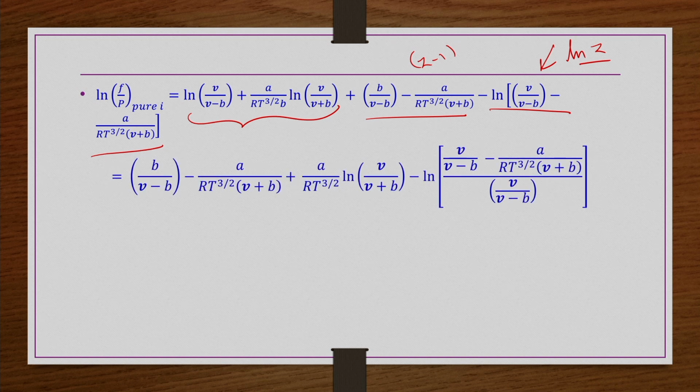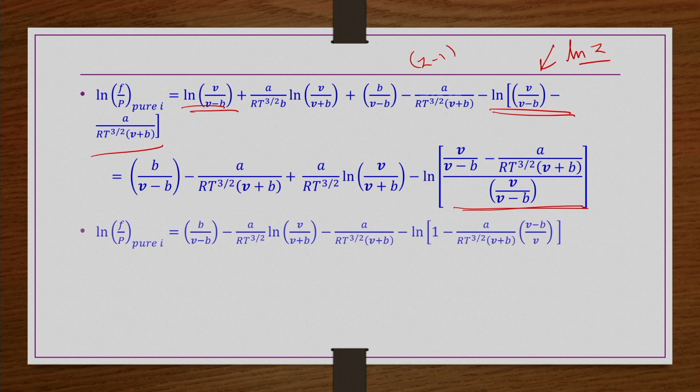So, now what we do, this particular ln term and then this particular ln term, that is the first and last ln terms, I am writing as ln a minus ln b is equal to ln a by b form. So, then I get this particular term, and the remaining terms are as they are, right.